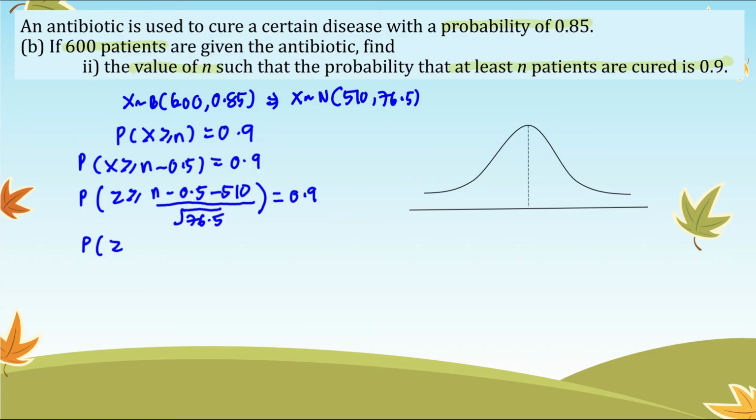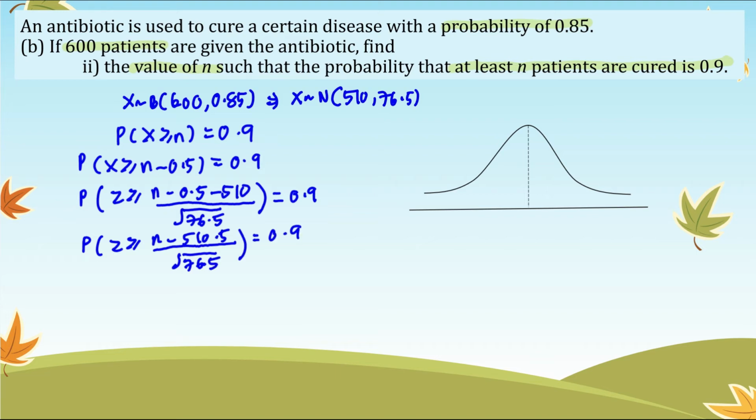We can simplify 0.5 and 510, so (n - 510.5) / square root of 76.5.